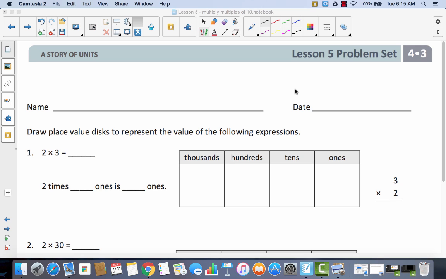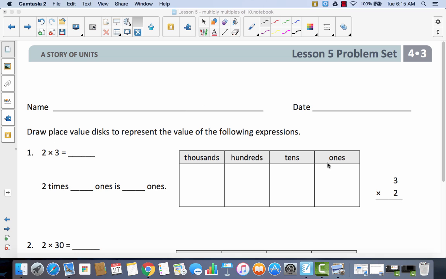Let's take a look at the directions. Draw a place value disc to represent the value of the following expressions. So you can see that we have 2 times 3. So what that means is we are going to have 2 times 3 ones.